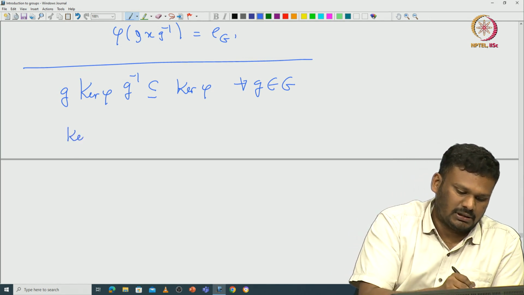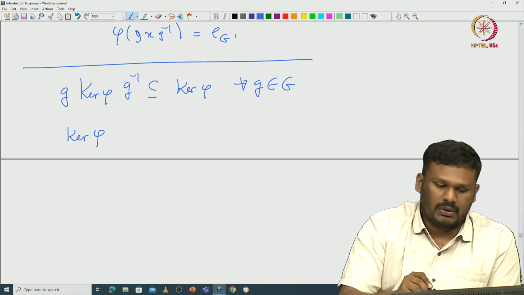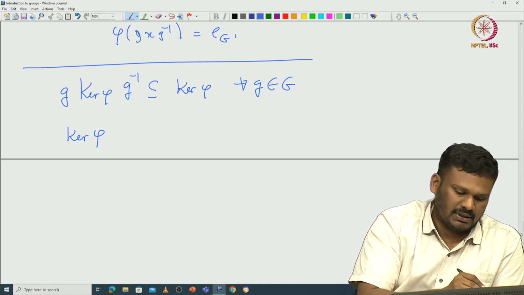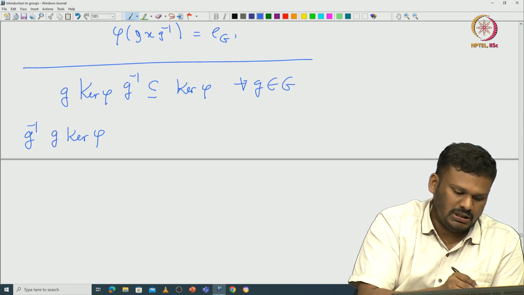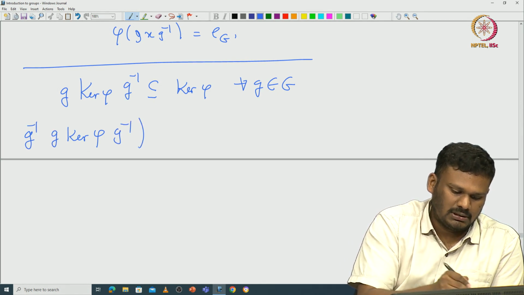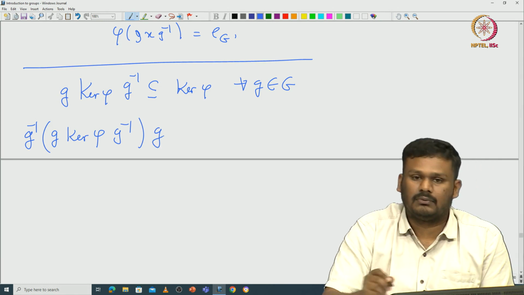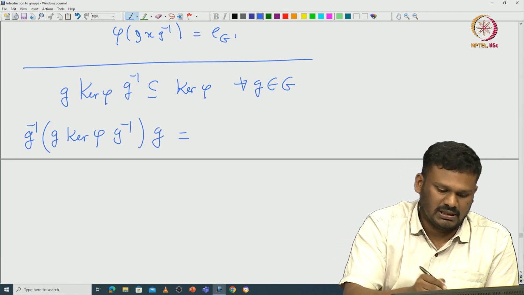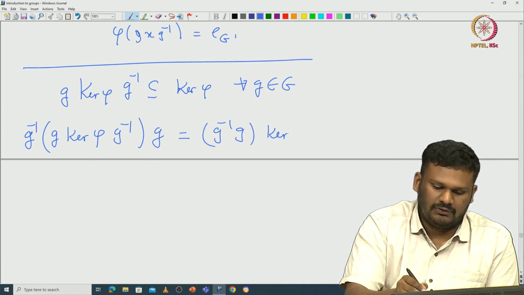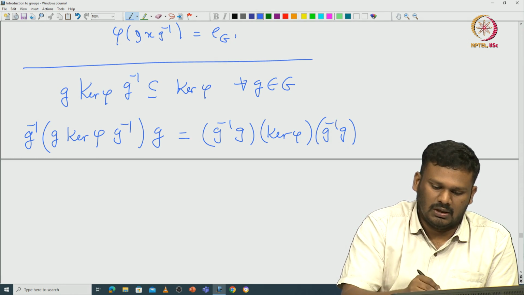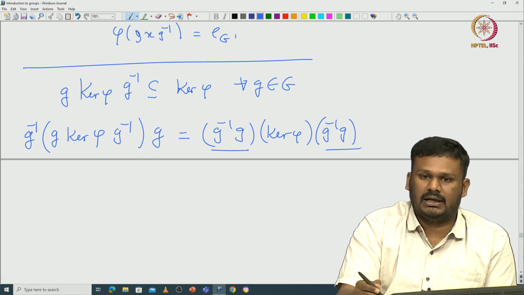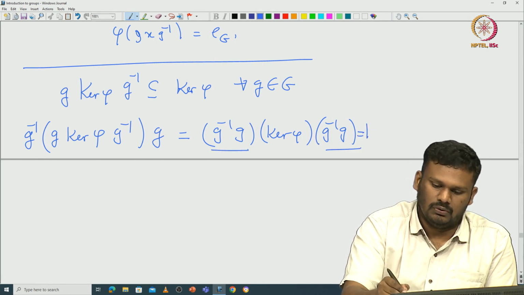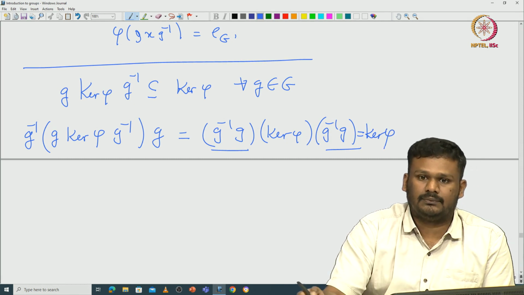Let us start with kernel phi. You can write this as g inverse g kernel phi g inverse g, because this is going to be exactly equal to kernel phi. Now this is just identity, and this is just identity, which gives you kernel phi here.